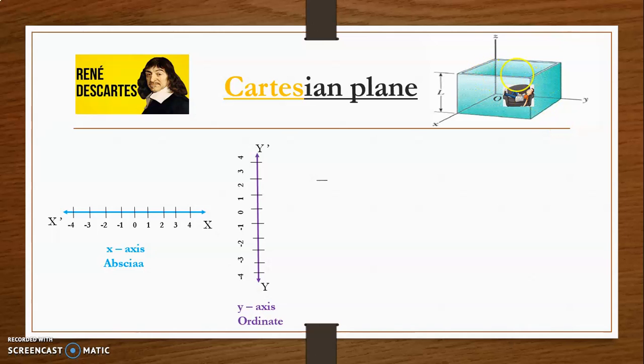So the fly was moving here and there again and again, and with reference to any object, he started measuring the distance of that fly using these axes, that is the x, y and z axes.